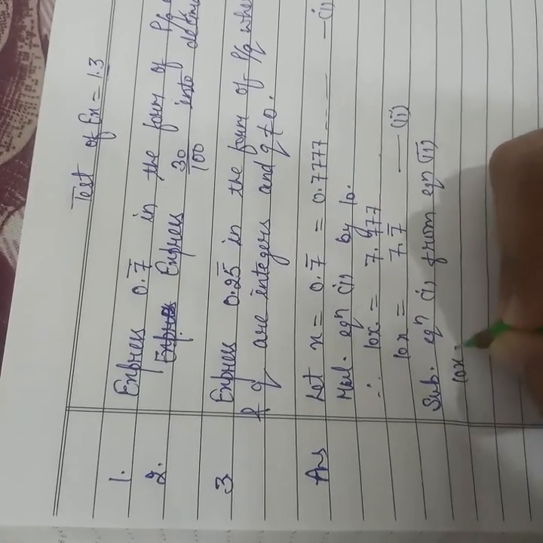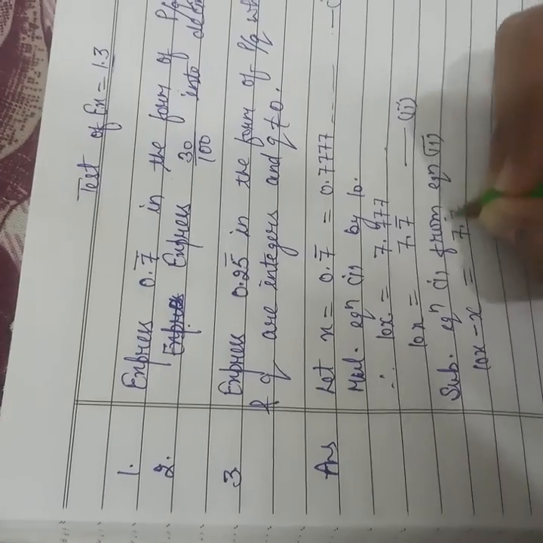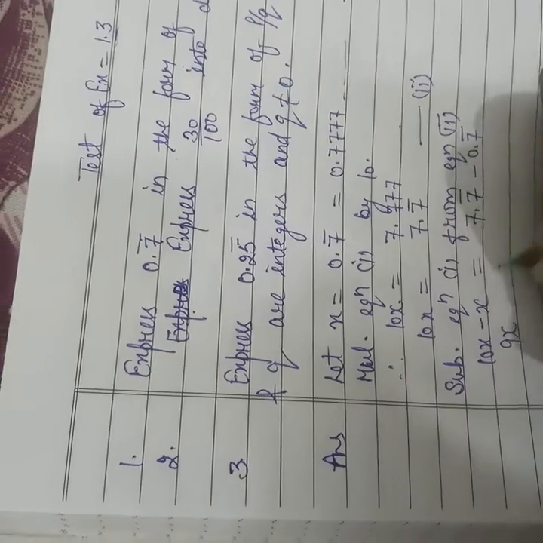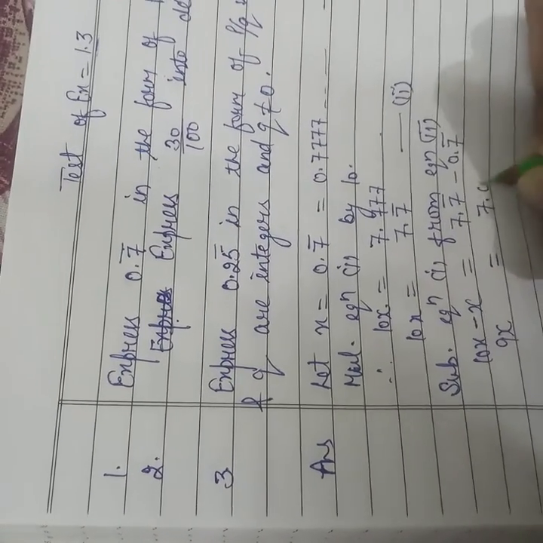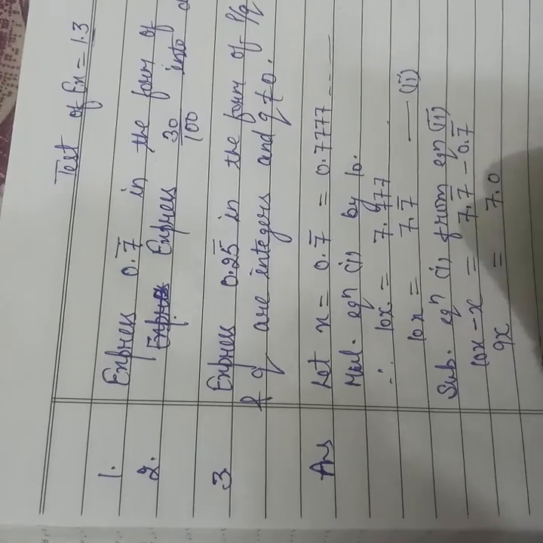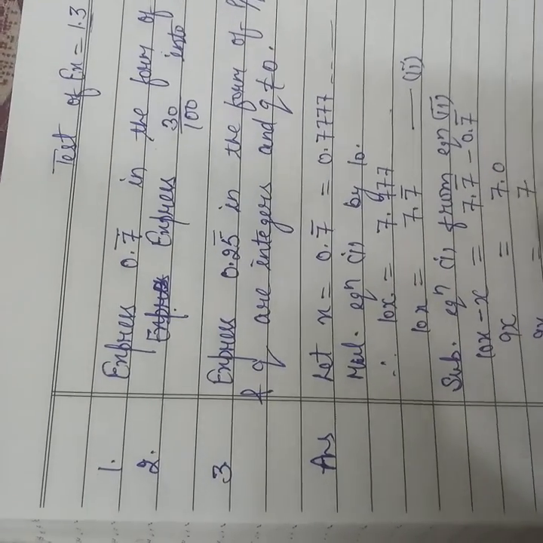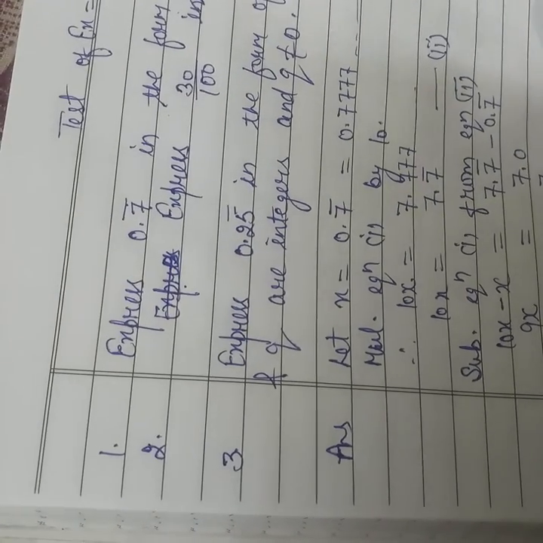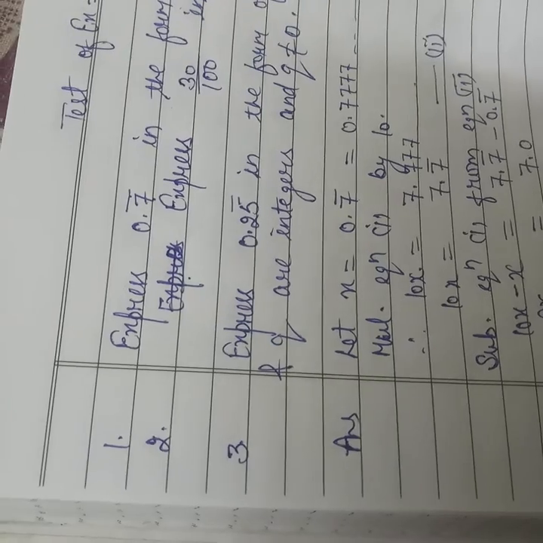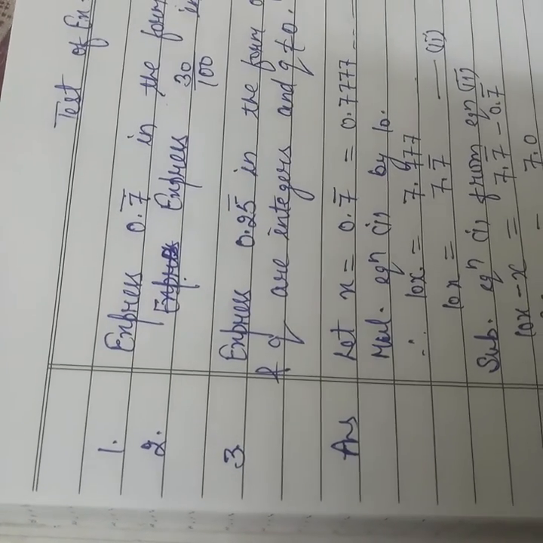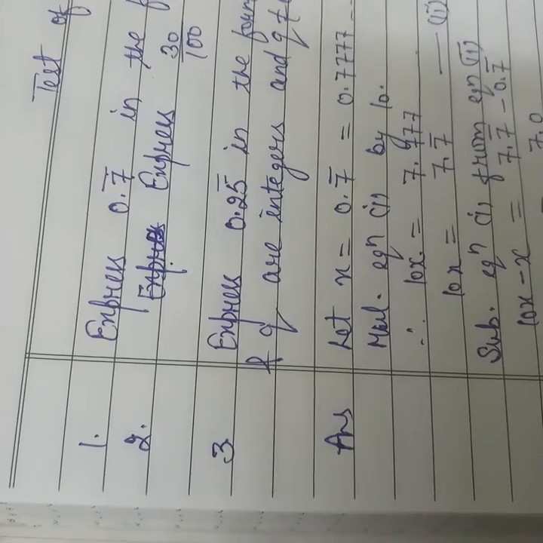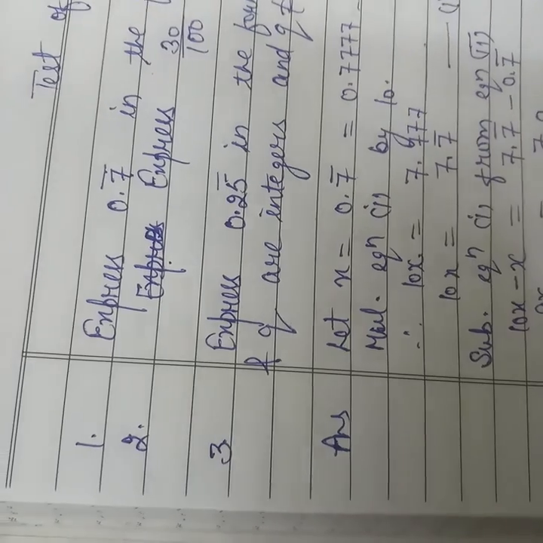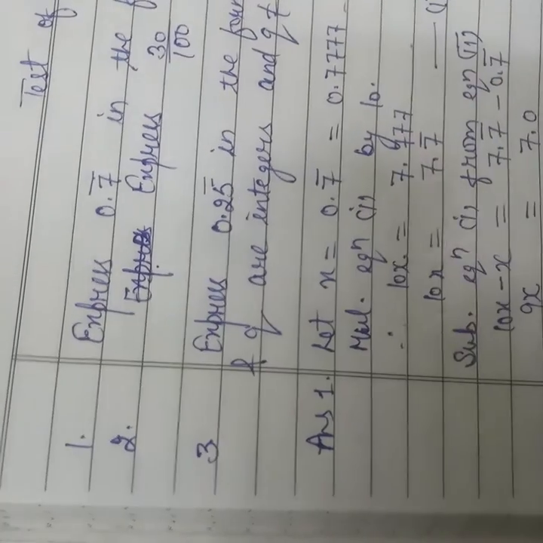So we get 10x minus x equals 7.7 bar minus 0.7 bar, which is equal to 9x equals 7 bar minus 7 bar, which is 0, and this can be written as 9x equals 7, and x equals 7 by 9, which is in the form of P by Q, and here Q equals 9, which is not equal to 0. This is the answer number first.